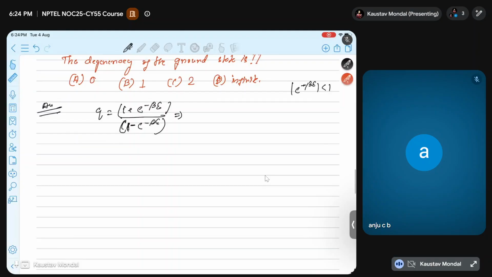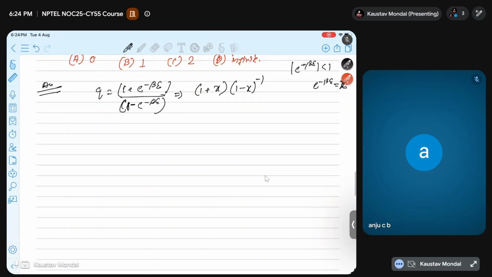Let's suppose, for the sake of calculation, we take e to the power minus beta e as x. So write it as 1 plus x into 1 minus x inverse. If you extend this series, it looks like 1 plus x plus x square plus dot dot dot.